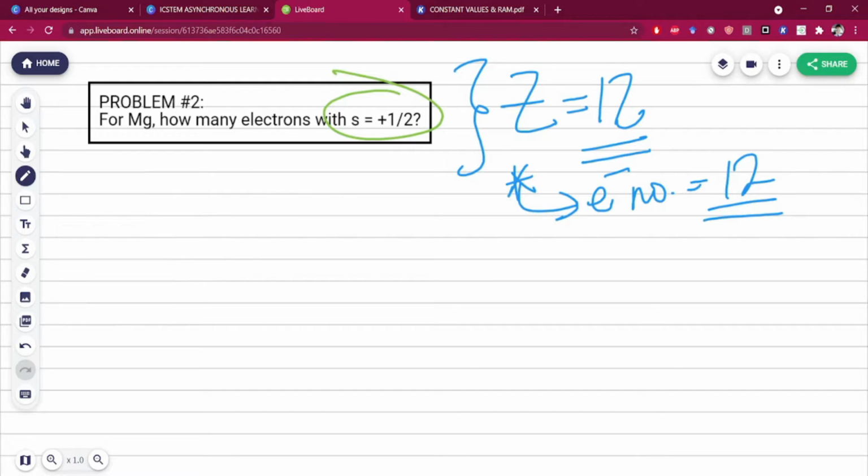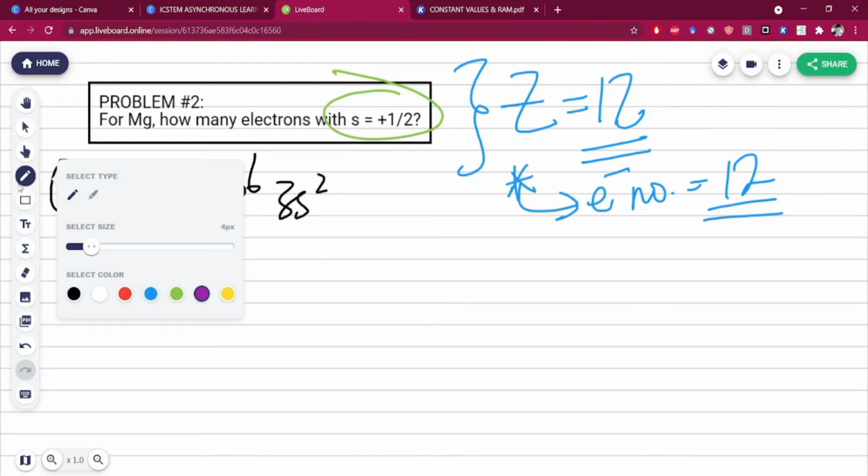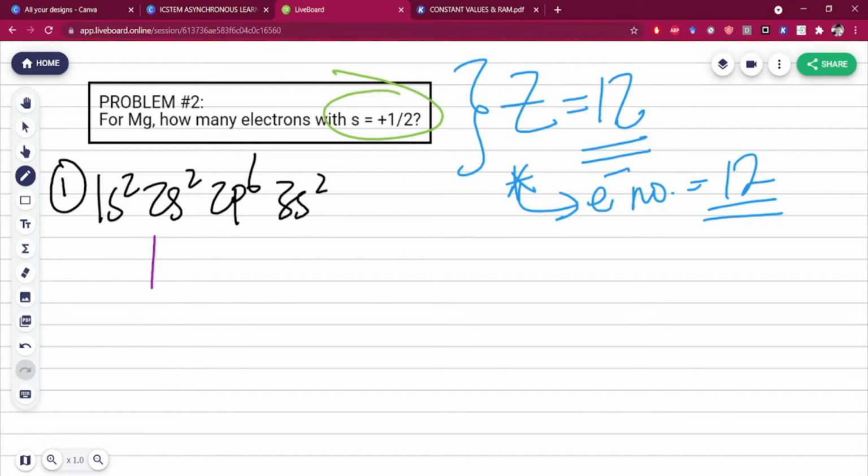And we have the spdf notation 1s2, 2s2, 2p6, 3s2. And then you have 1s, 2s, 2p, 3s, just like what we have done just now.